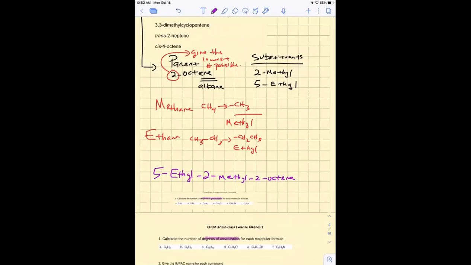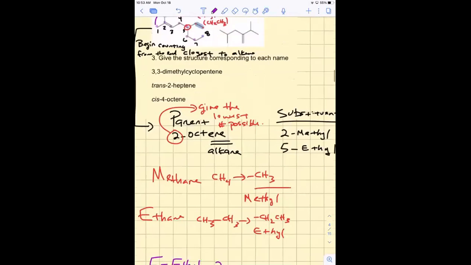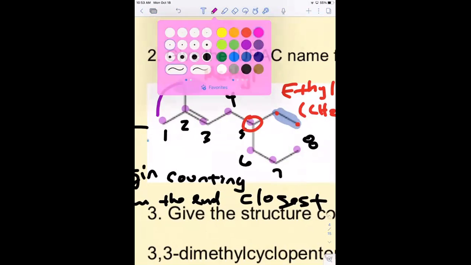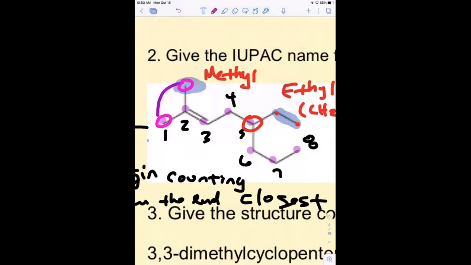How do you know that it's trisubstituted? I don't see that. If you look at the double bond itself, it's got a carbon here, a carbon here, and a carbon on that side. Okay, and you said that it has no stereochemistry, because it can't be E or Z if you have two groups that are identical. So you see how over here where I have that purple line, those two carbons are the same.